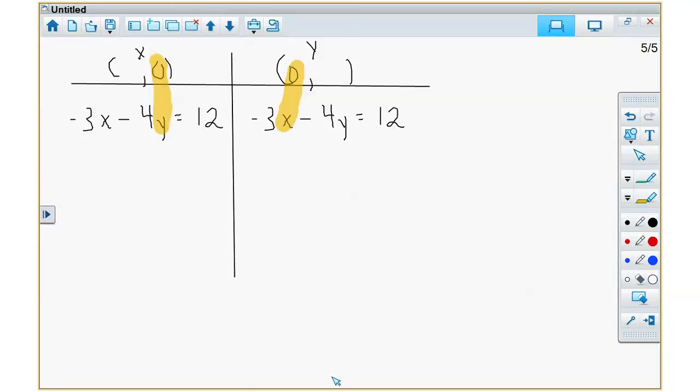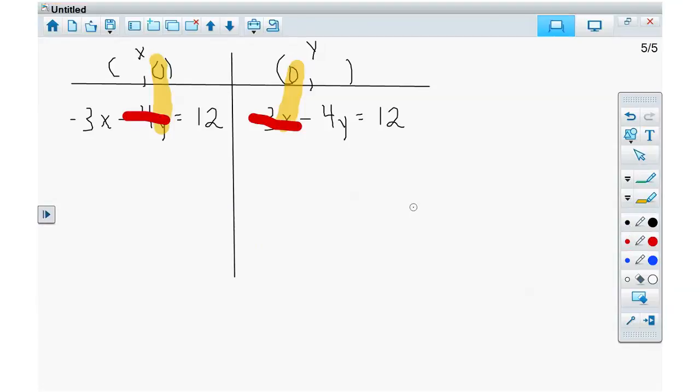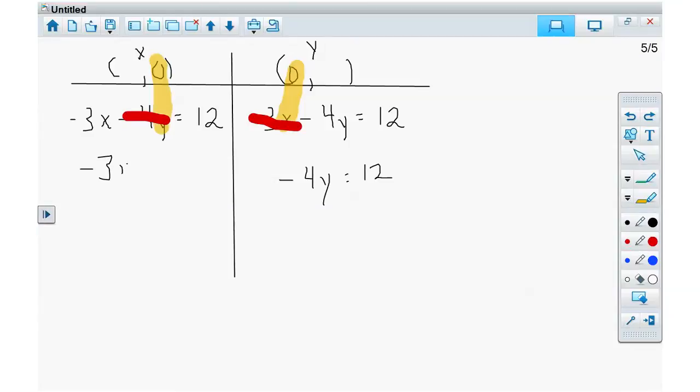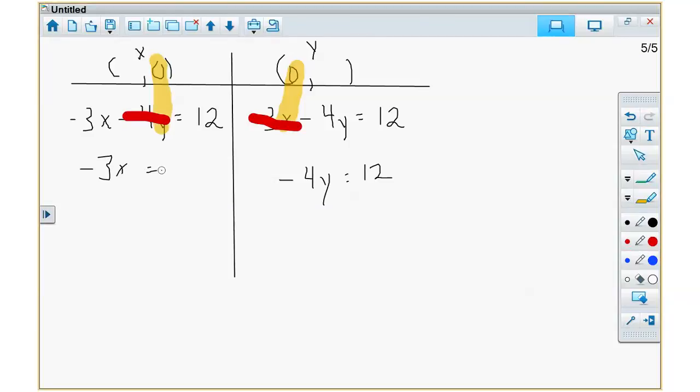So, plug that in, and what happens to the X term? It goes out, and the Y term goes out. That's going to leave us with negative 4y is equal to 12 and negative 3x is equal to 12.